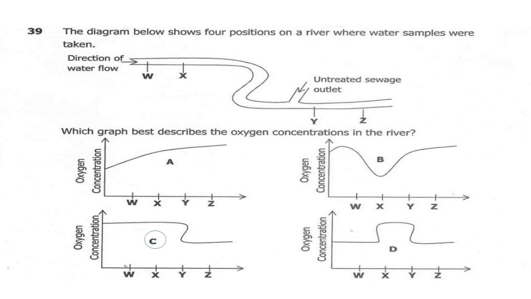That's why untreated sewage will end up leading to fish dying due to eutrophication, which is brought about as the bacteria use up the oxygen in the water. So the correct answer here is C. Well done, chat. Let's move on to the last question.